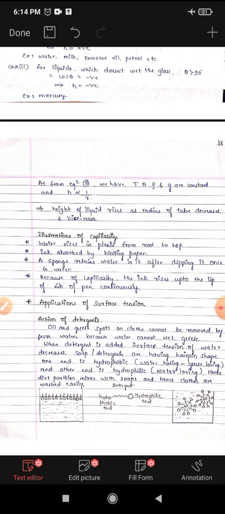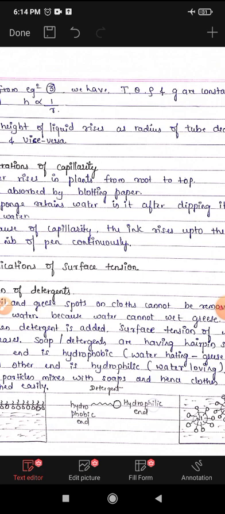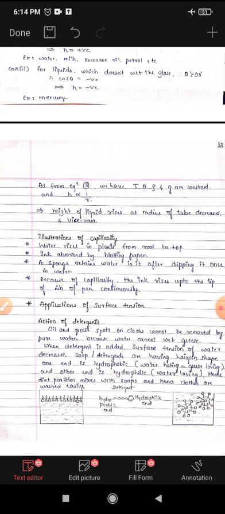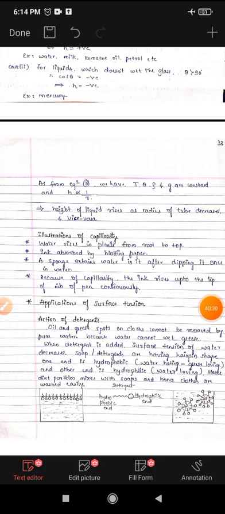So because of the structure of detergents, with the hydrophilic and hydrophobic ends, we can clean the clothes easily. And this is about the action of detergents. And this completes our chapter, that is mechanical properties of fluids.